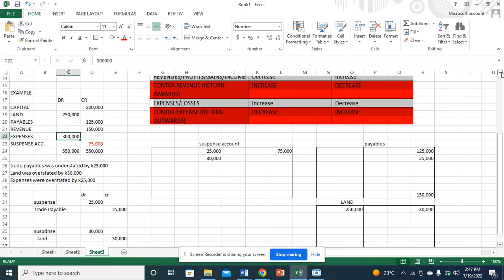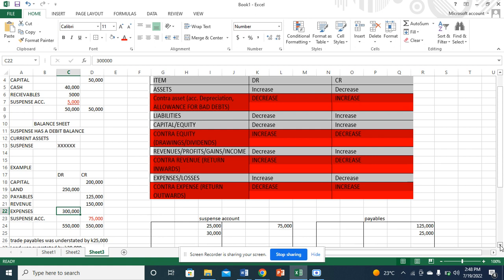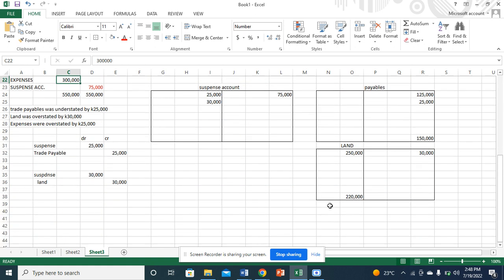If we go to the double entry rules, for expenses, debit increases, credit decreases. So to reduce the amount, we're going to have to credit the expense account 25,000, and we debit the suspense account 25.